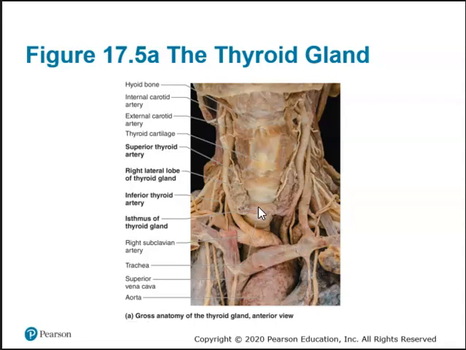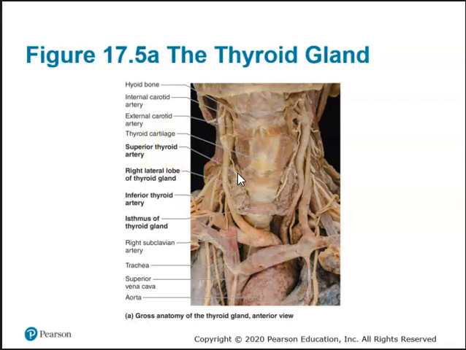Some important structures to note, especially if we're doing surgery in this area. The neck is actually a very delicate region because there's lots of important structures, lots of important blood vessels and nerves that we have to be very careful with when we're doing any sort of neck surgery. The superior thyroid artery is superior to the right lateral lobe of the thyroid. So here would be the superior thyroid artery.